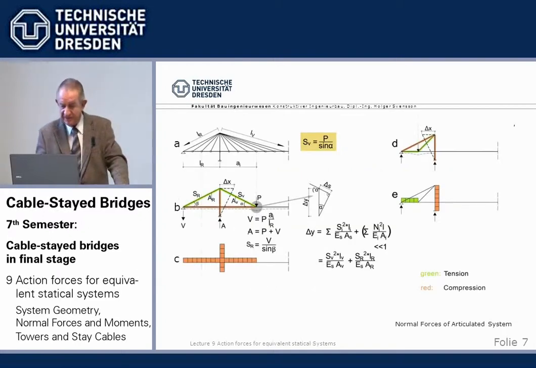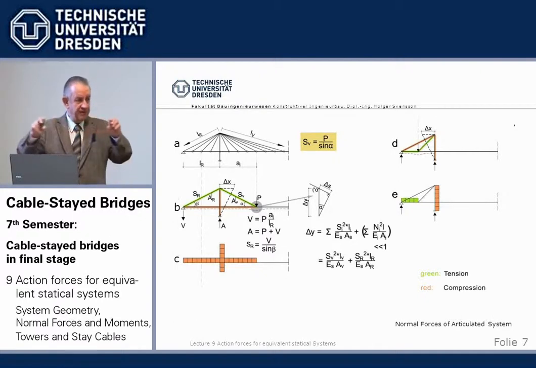For that, we use a very simple, statically determined system, which we call an articulated system, articulated insofar as we place hinges in the beam at every cable anchorage point. So we have a hinged system.